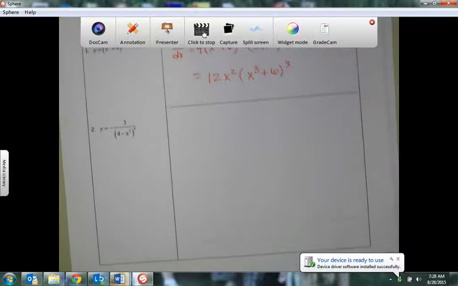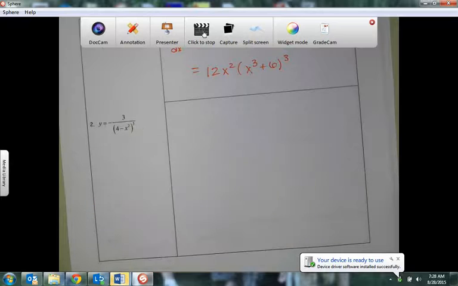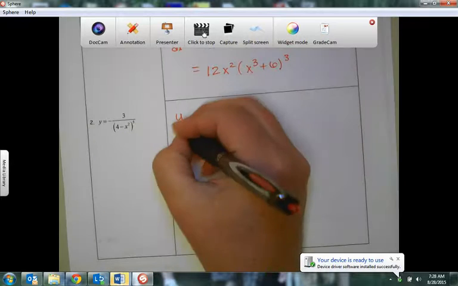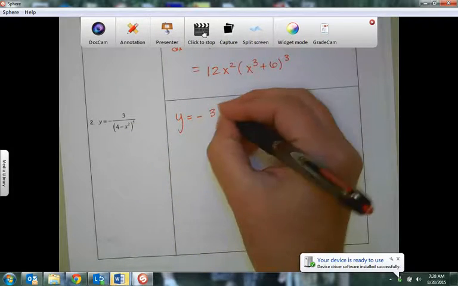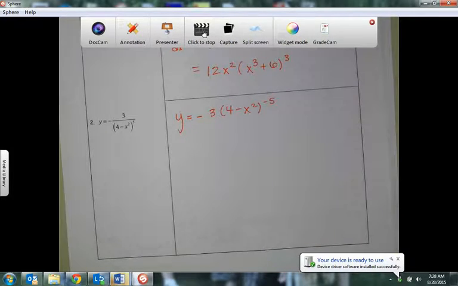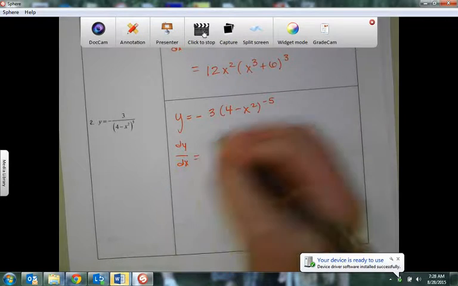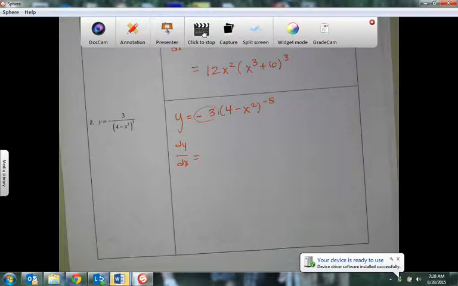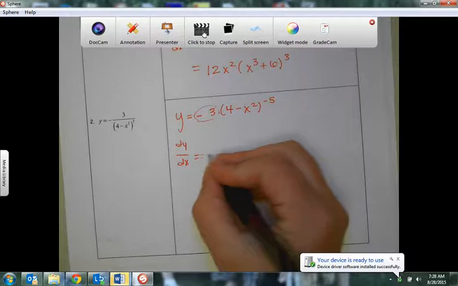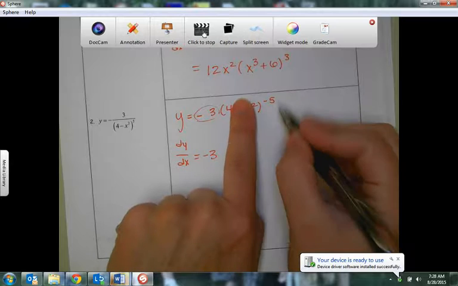Okay, on number 2, I could make it a quotient and a chain rule, or I could just rewrite what this guy's going to be by bringing up that exponent, and now all I have is a chain rule. So dy/dx, that's just a coefficient. What does it do? Woohoo! Goes along for the ride. So I'm just going to bring that down. Okay, so now here is the function that I have to take the derivative of.